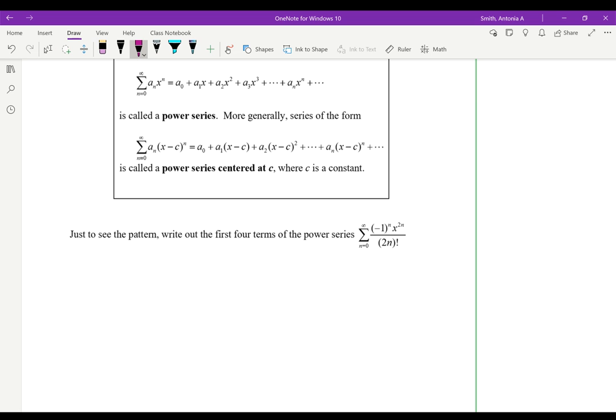So the first term we would have is negative 1 to the 0 times x to the 2 times 0 over 2 times 0 factorial, plus negative 1 to the first, x to the 2 times 1 over 2 times 1 factorial, plus negative 1 squared, x to the 2 times 2 over 2 times 2 factorial, plus negative 1 to the third, x to the 2 times 3 over 2 times 3 factorial.